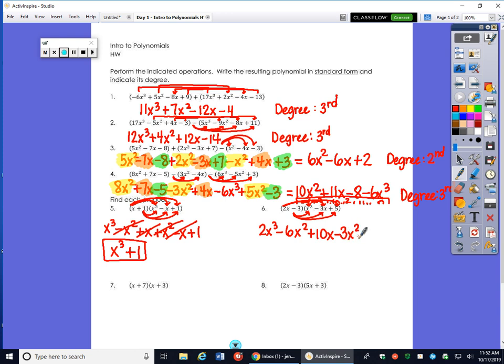Negative 3 times negative 3x is positive 9x. And negative 3 times 5 is negative 15. Now when I combine my terms, I've got 2x cubed, and then I've got negative 6 and negative 3, which is negative 9x squared. And then I have 10x and 9x, which is 19x. And then I have minus 15.